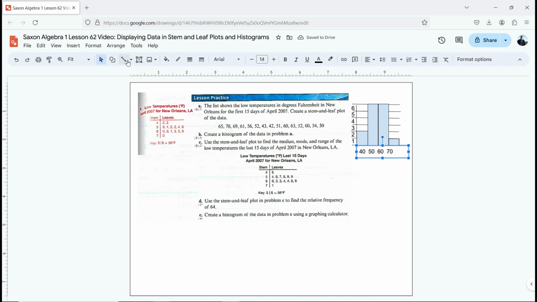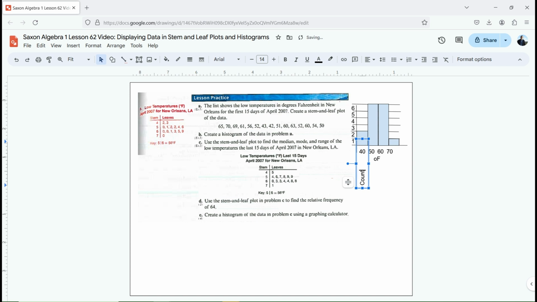Now, I need to label my axes on every histogram I make. I can't just leave them looking like this. So on the bottom here, we have degrees Fahrenheit for the temperatures in April, okay? And then here's the important thing. This is true of all histograms. Over on the left axis is the count.